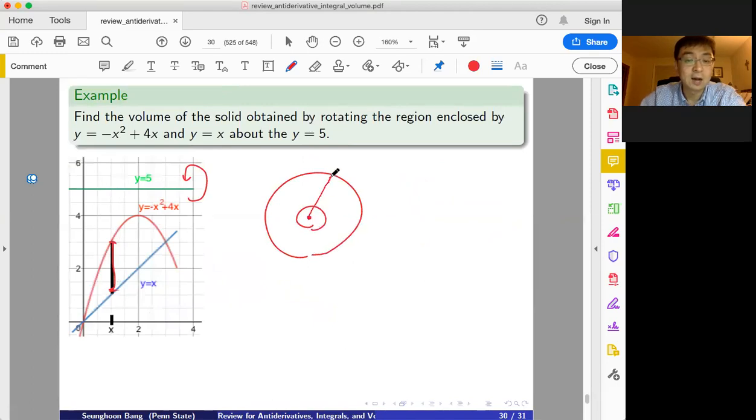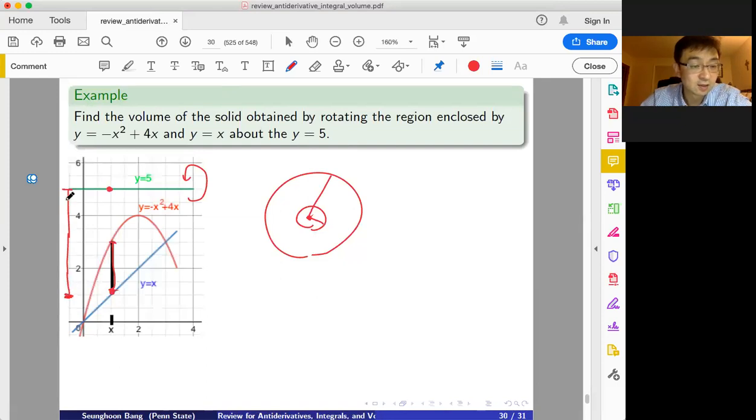So what is the outer radius? What is the inner radius? The important thing is that the center of the circle is on the rotating axis. From the rotating axis to the very farthest point is the longest length, the outer radius. Outer radius is from here to here.